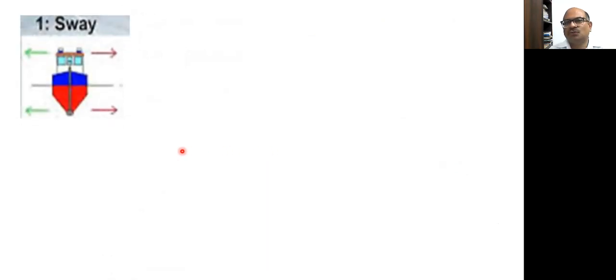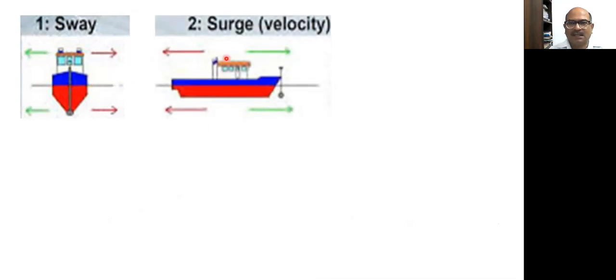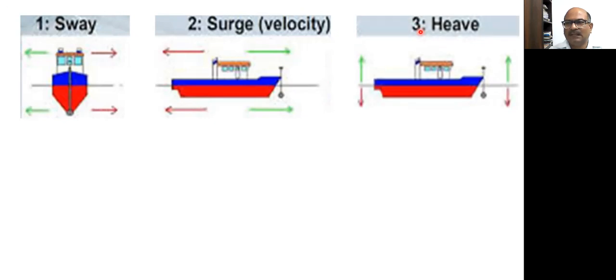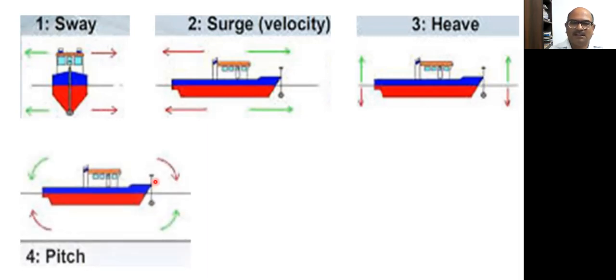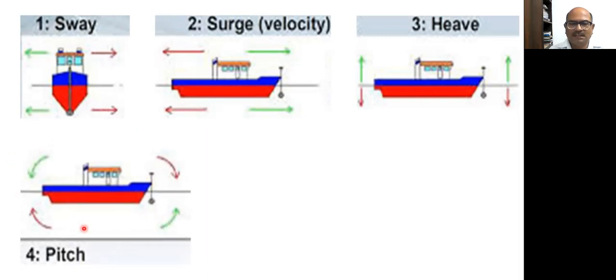Let me show you once again. If a bot is moving here and there, in this direction, it is sway, but if it is moving ahead and backward, then it is surge, and if it is moving up and down, then it is heave. And if it is moving like this, then it is pitch.